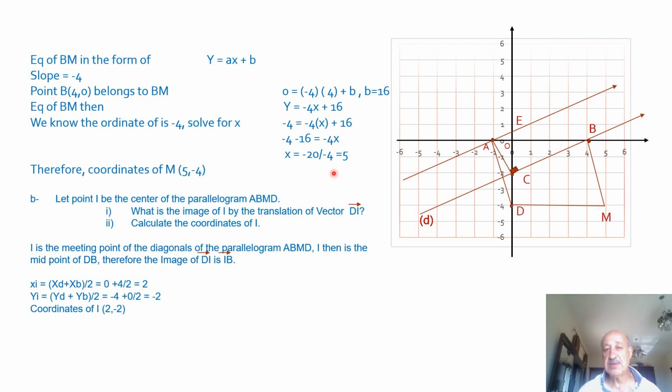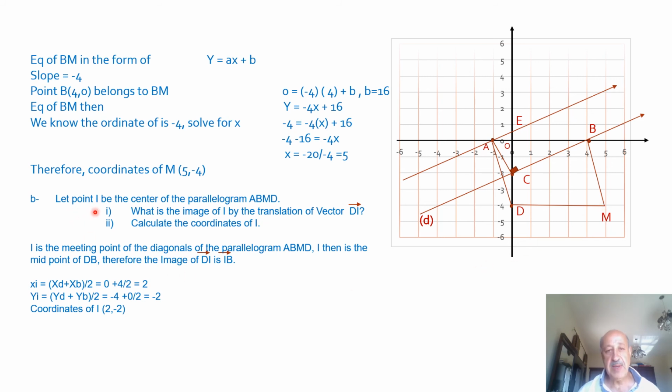Therefore, x is equal minus 20 over minus 4, which gives me the abscissa of M as 5. So if I take 5 here, draw a line parallel to the y-axis and take D, where they meet would be point M. So M has coordinates 5 and minus 4.